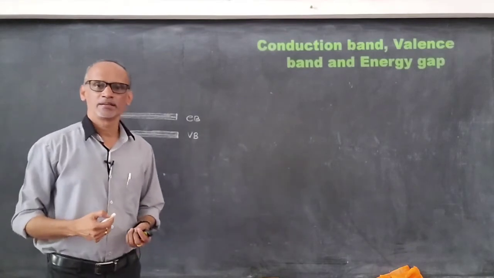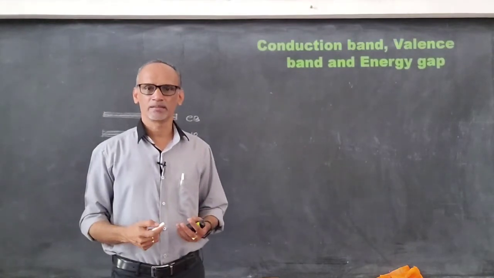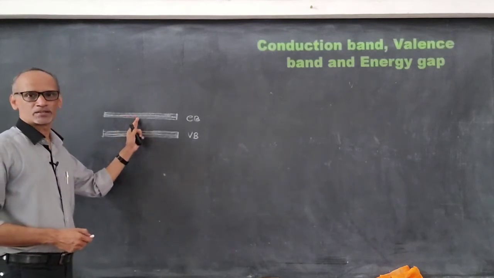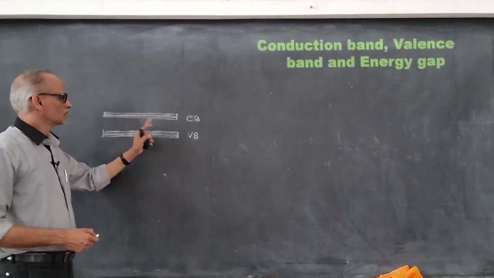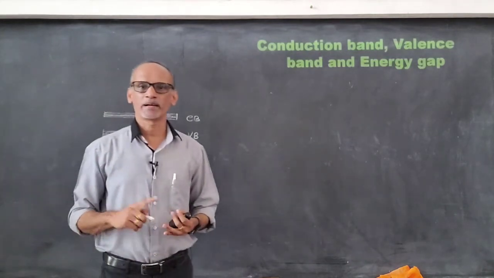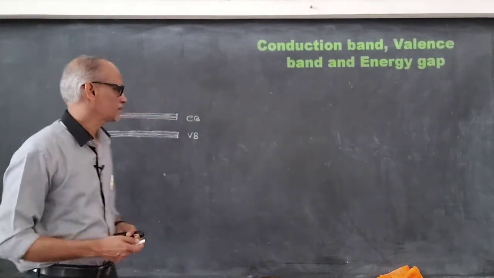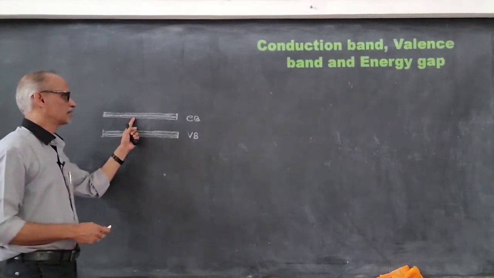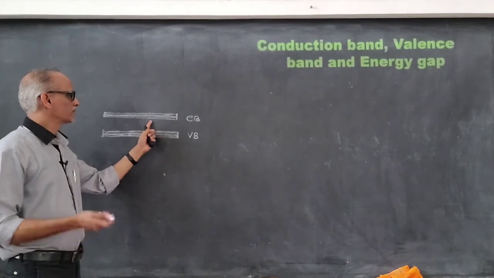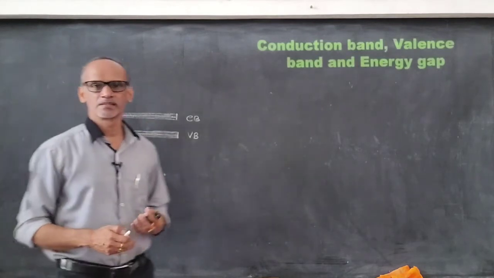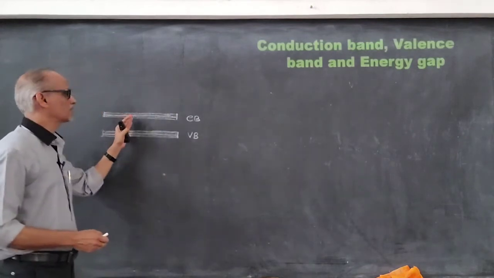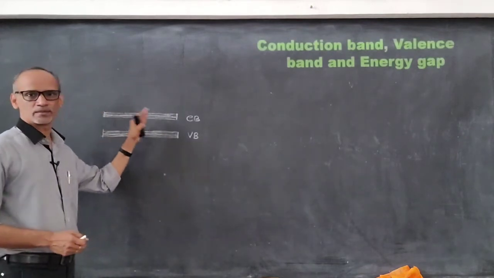Conductivity of a conductor or a semiconductor depends on the availability of the electrons in the conduction band. So, the valence band is either completely filled or partially filled depending on the element, whereas the conduction band is either partially filled or it is empty. For example, in the case of a semiconductor at 0 Kelvin, its conductivity is 0. So, that means no electrons are available in the conduction band at 0 Kelvin.